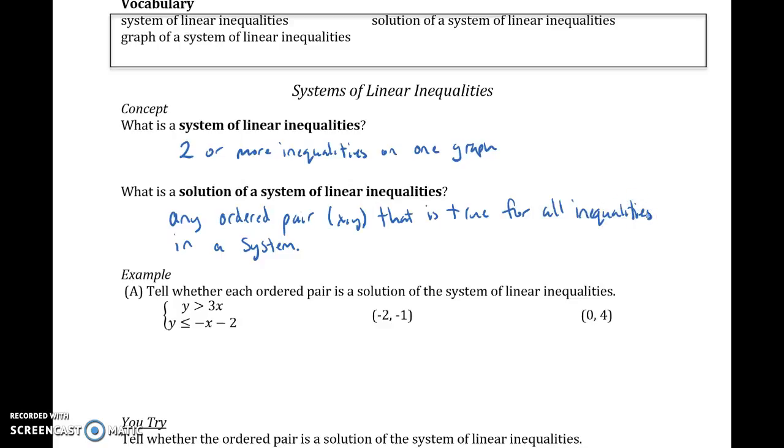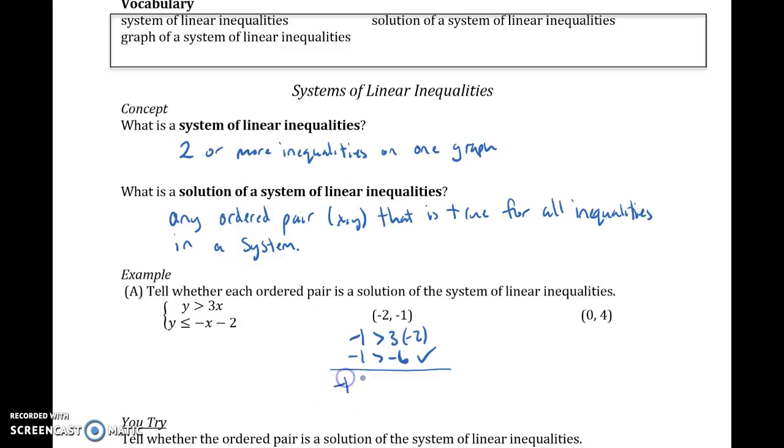Okay, so we're going to take the x and the y for each of these ordered pairs and plug it in. And remember, if one doesn't work, then it's already not a solution, just like we did with equations. I'm going to plug in -1 for y, -2 for x, and -1 is definitely greater than -6, so that checks. Then I want to go ahead and check the next one.